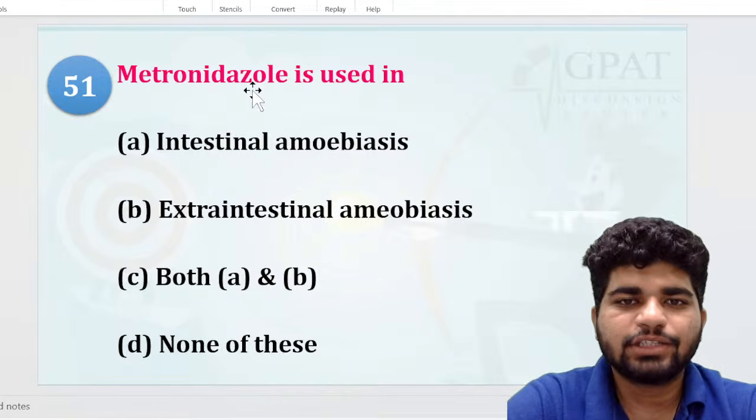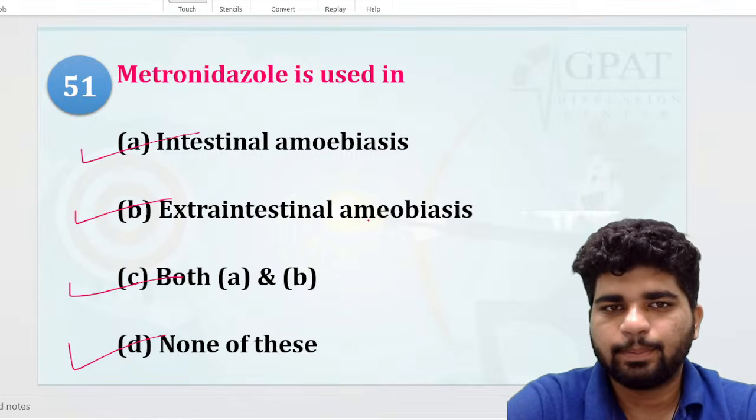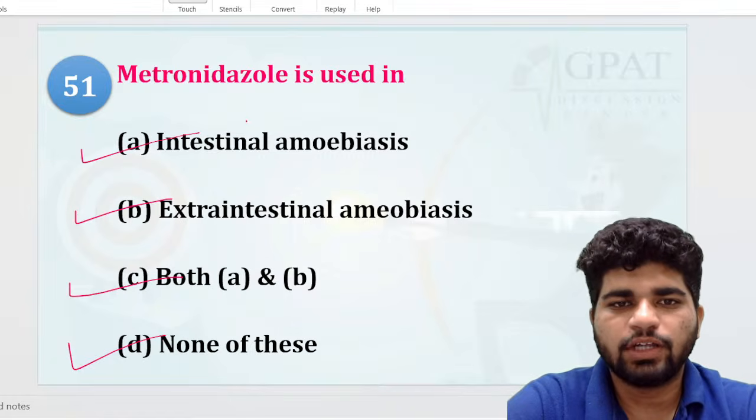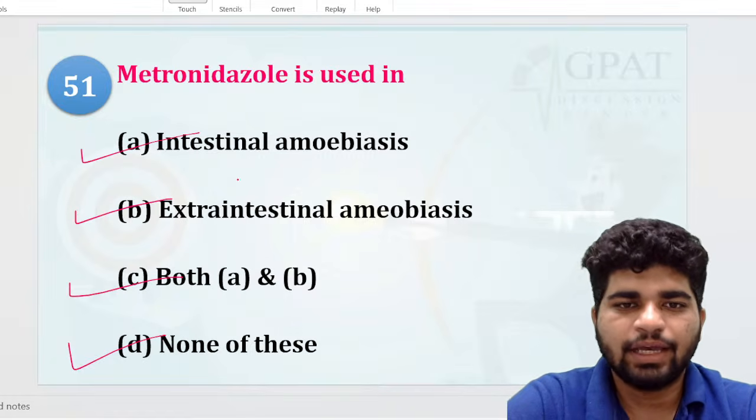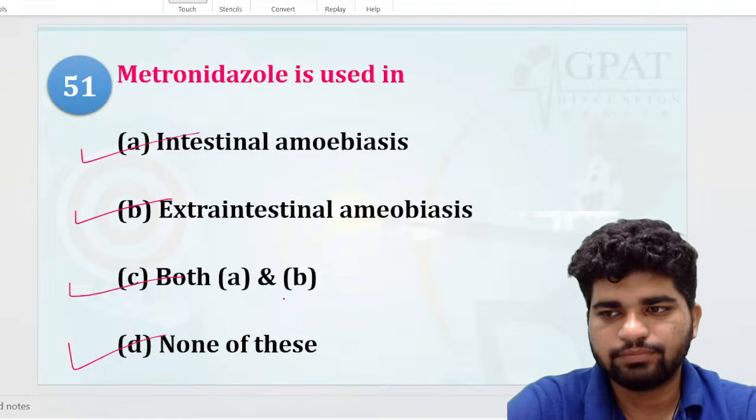Now, metronidazole is used in intestinal amoebiasis, extraintestinal amoebiasis, both A and B, or none of these.